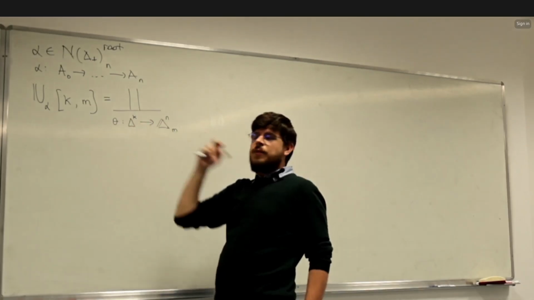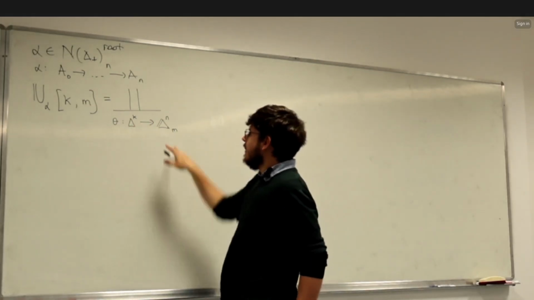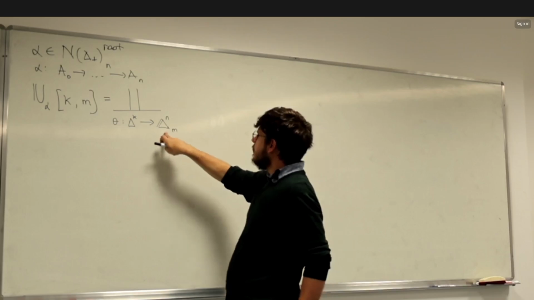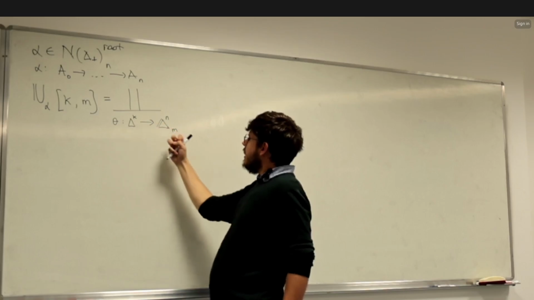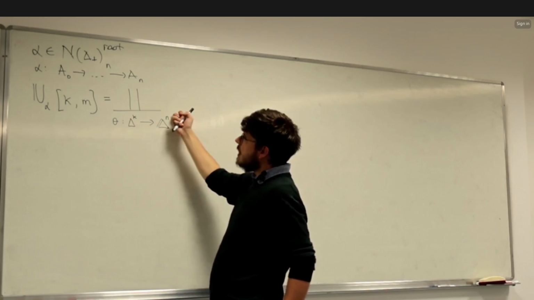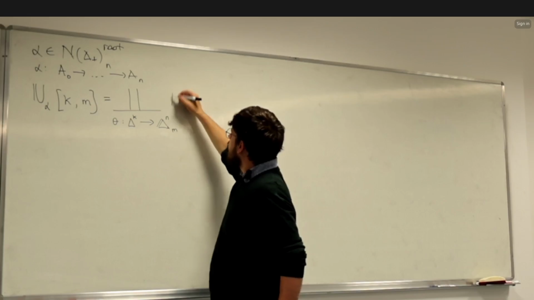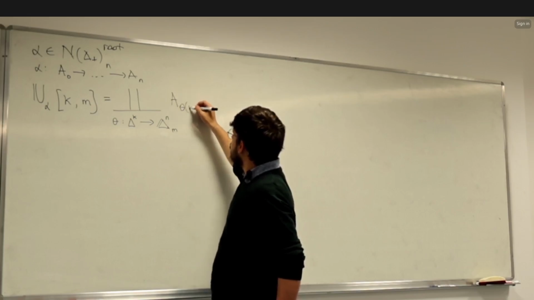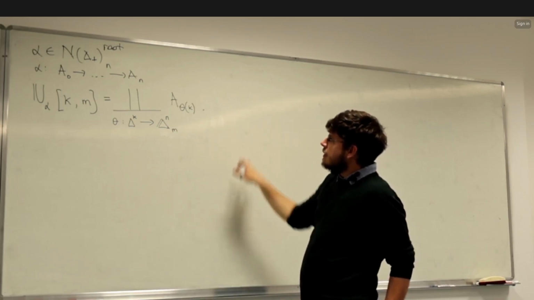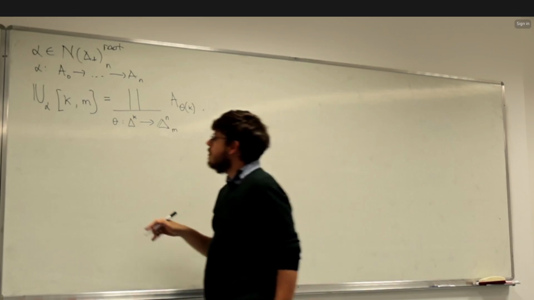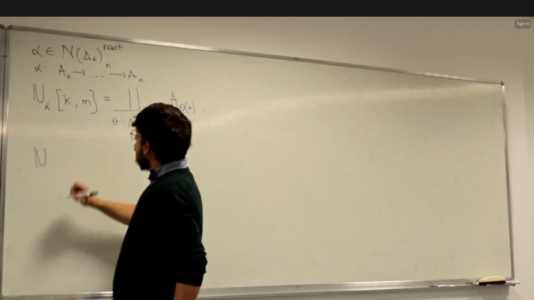I'll comment on it later. You take N simplices of that. Now the last vertex here hits one of the N's, and you just do this. So these sets assemble to form something.